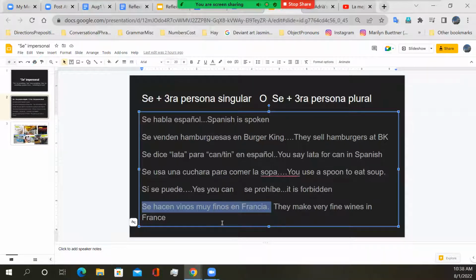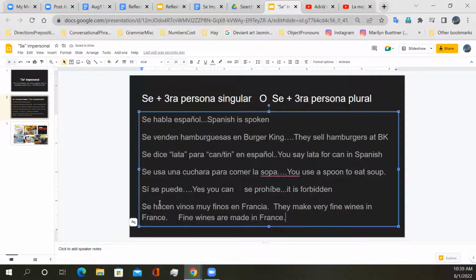This is a kind of a passive voice thing. It's a fuzzy they. Who are the they? We don't know, just people. They make very fine wines in France, or we might make that passive voice in English and say, fine wines are made in France. So there are two ways we can say that in English. Oh, they make really good wine there. Or, oh, fine wines are made.